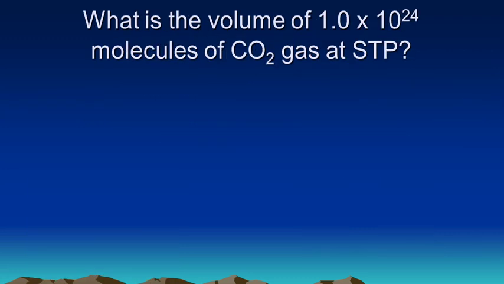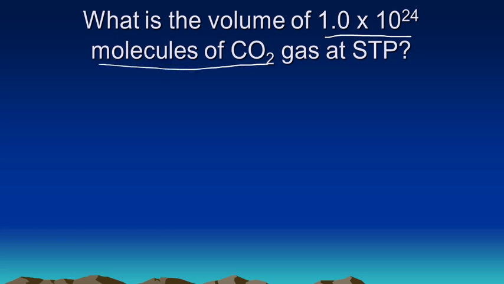And this time we're going to have volume. It says, what is the volume of 1.0 times 10 to the 24th molecules of carbon dioxide gas at STP? So once again, we're starting with that many molecules of carbon dioxide.